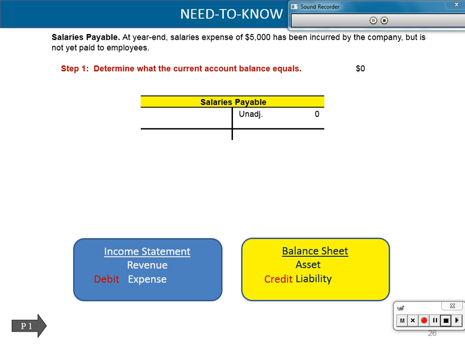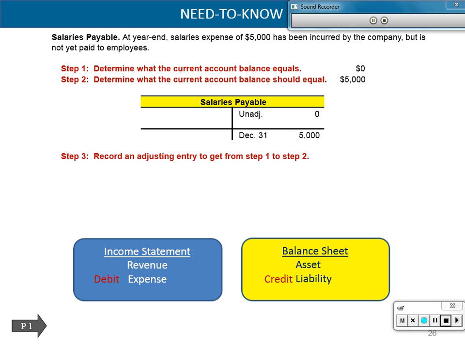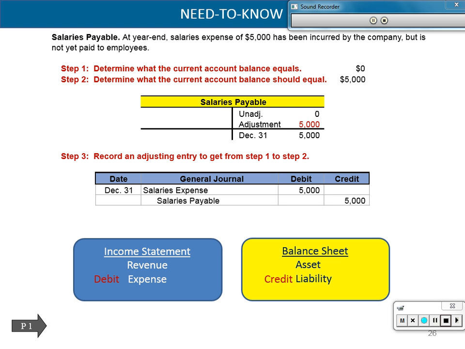Because it's not yet paid. So salaries payable started off with a 0 balance. What should it equal? 5,000, because they need to do what? Pay it. So here's the adjusting entry.